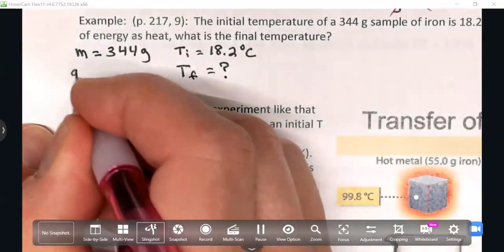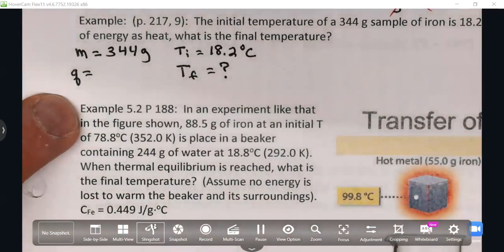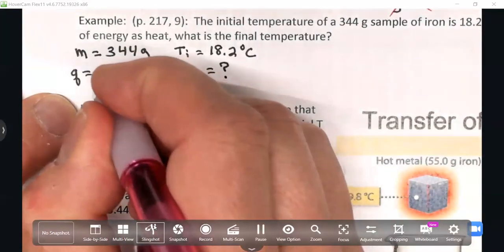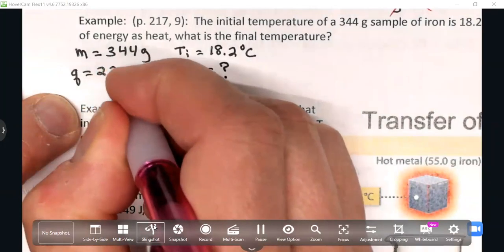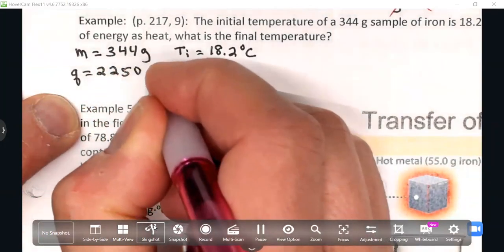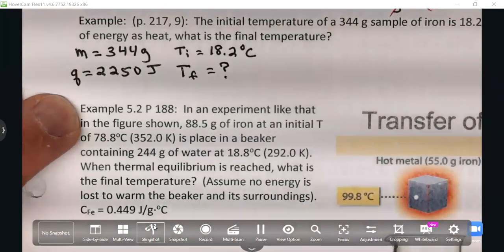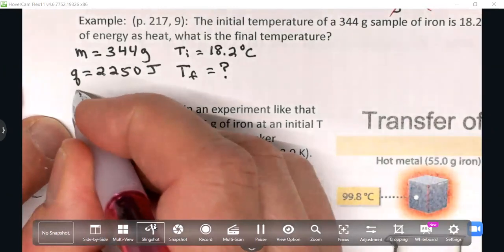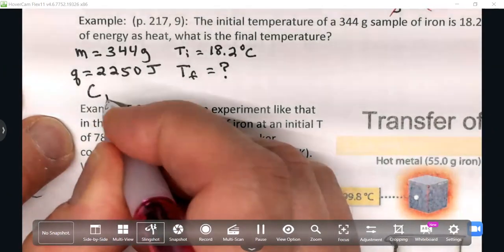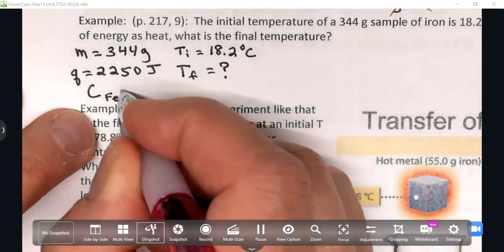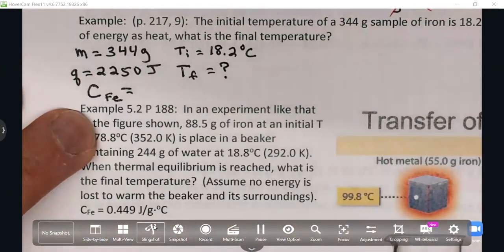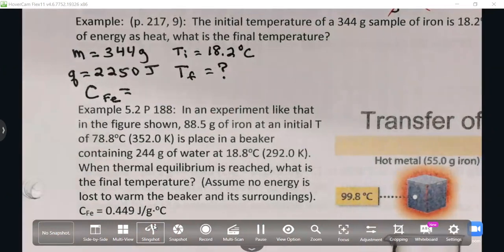We know that Q is equal to 2.25 kilojoules. Let's put it in joules, 2,250 joules. My specific heat of iron, I'll put Fe for iron, should be on the previous page.